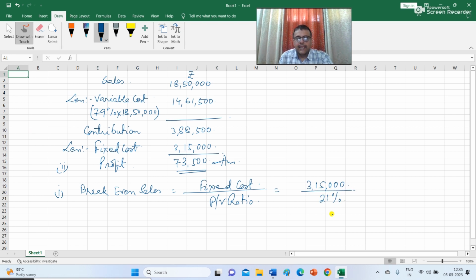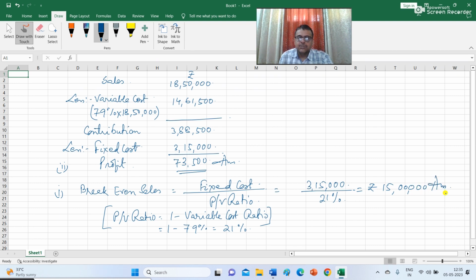So how I calculated the value of PV ratio. So PV ratio is equal to 1 minus a variable cost ratio. So variable cost ratio is 79%. So 1 minus 79% is equal to 21%. So you have a break-even sales of rupees 15 lakh. So this is answer to question number 1.